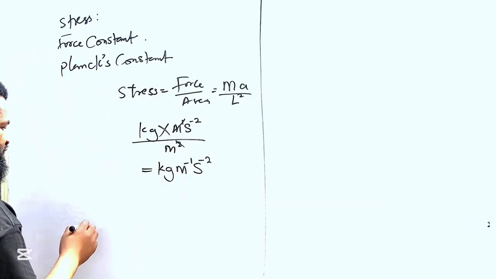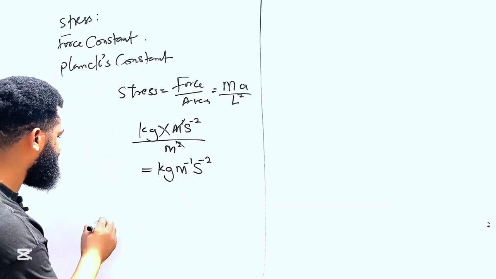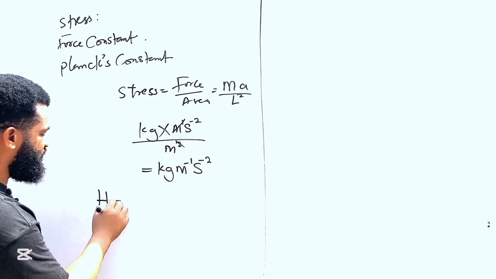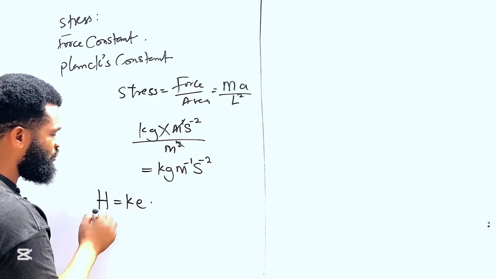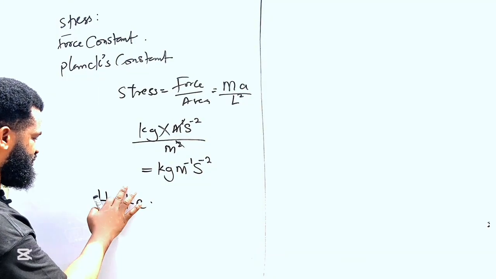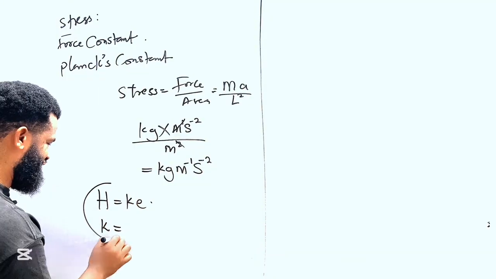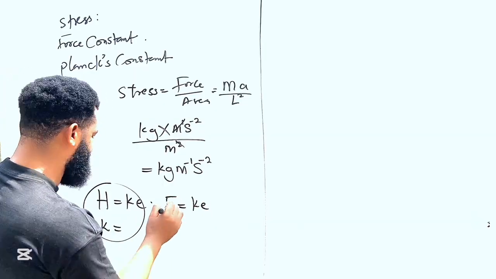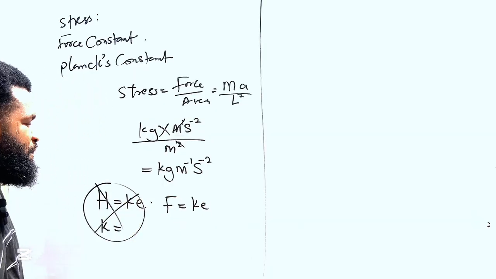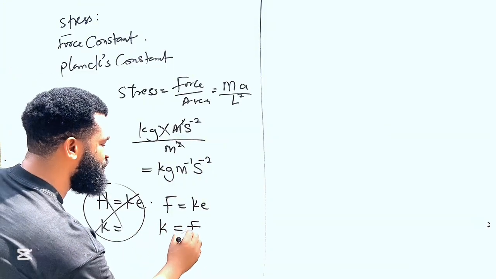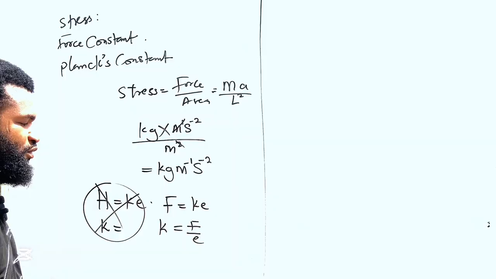Number 2, force constant. According to Hooke's law, F is equal to KE, whereby K is the force constant, which is given as F all over E. What is F?